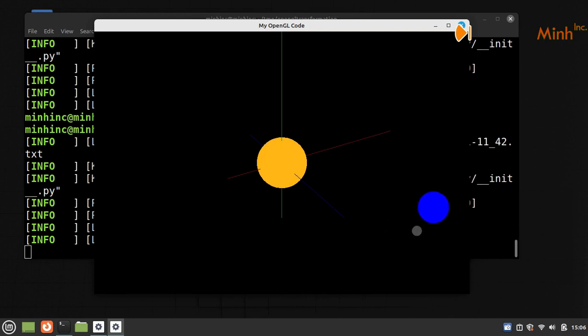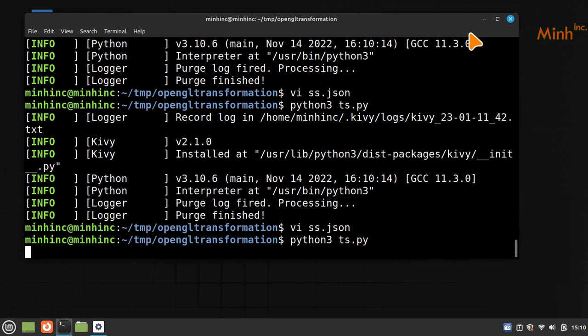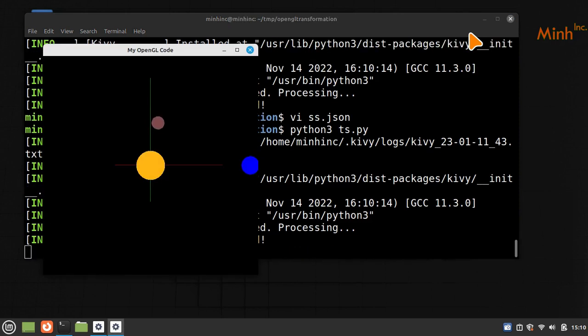Okay, Earth is rotating on its own axis, but since we have used a circle and the same color, in texturing we will see once we put the texture on the Earth, then it would be visible that it is rotating on its own axis. So this is the scenario. Oh, so Mr. Mercury has come.